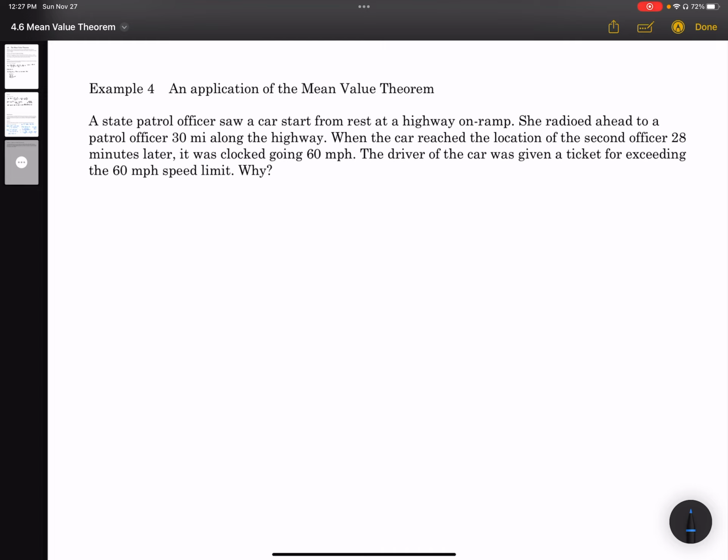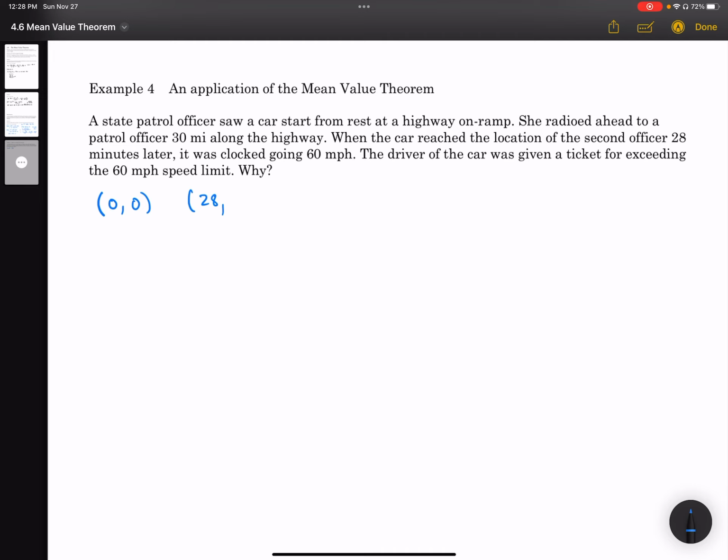Why is that true? So imagine that we have a function where we want velocity as our output and time as our input. So the velocity at 0, because the car starts, is 0. And then what we want to know is the velocity at 28 minutes. Well, we're going to find the average rate of change.